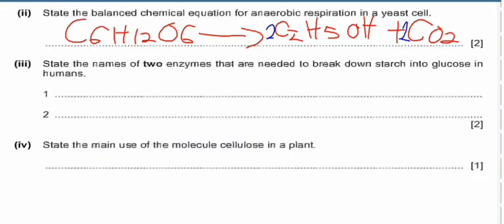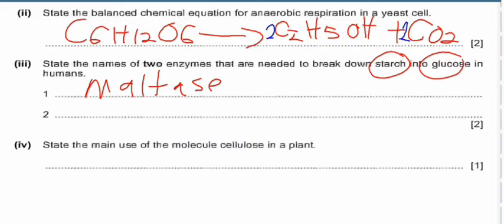Roman numeral number 3. Name 2 enzymes that are needed to break down starch into glucose in humans. So the first one is maltase.